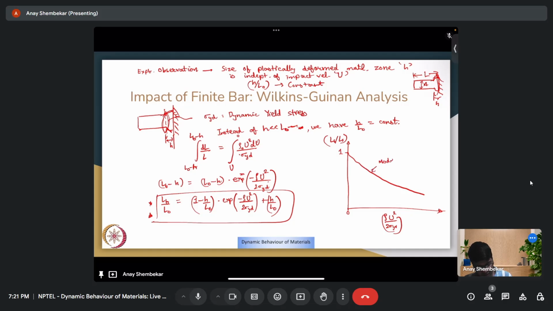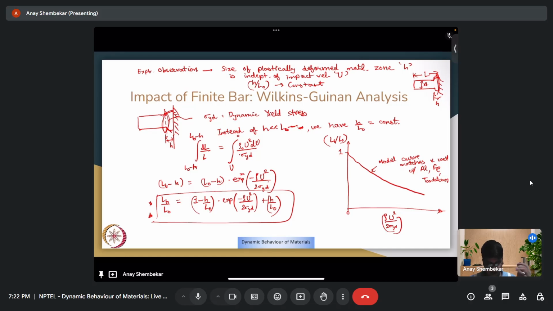This model curve matches very well with aluminum, iron, tantalum, and so on. I think even uranium there. So this Wilkins-Guerin analysis is a better model of the same phenomenon.